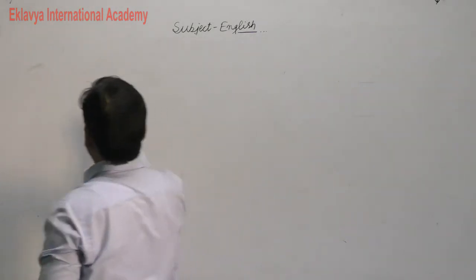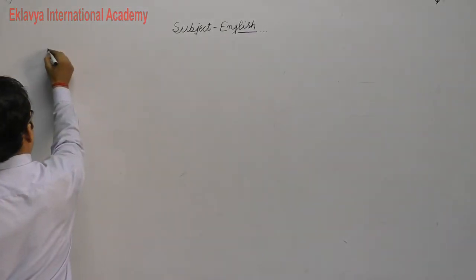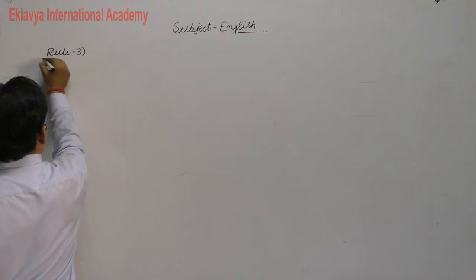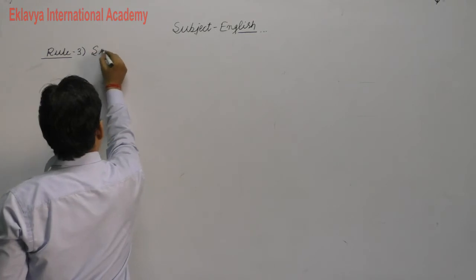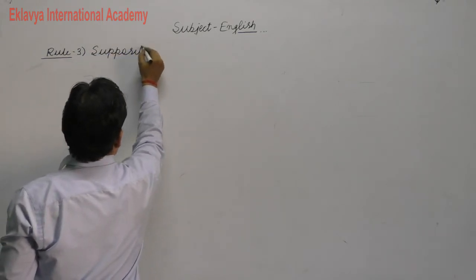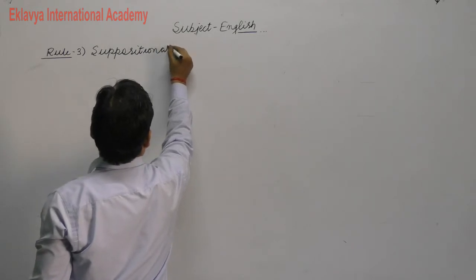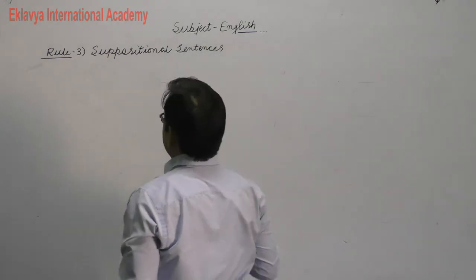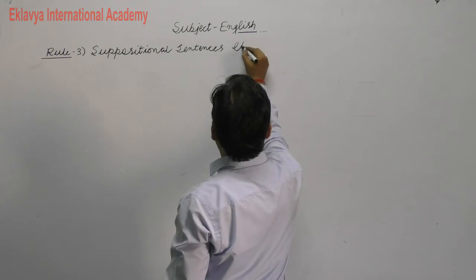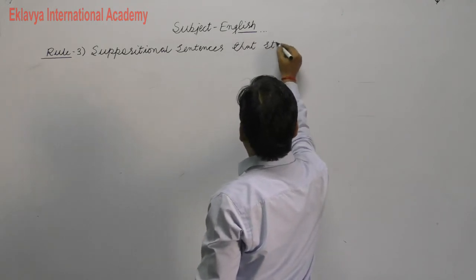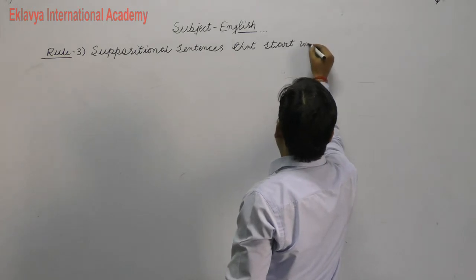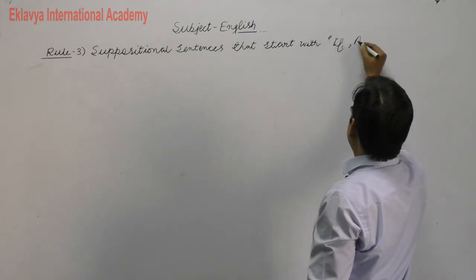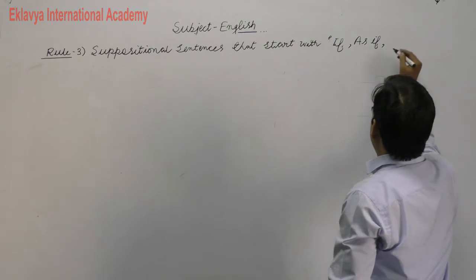Rule number 3, students. Suppositional sentences that start with if, as if, as though.